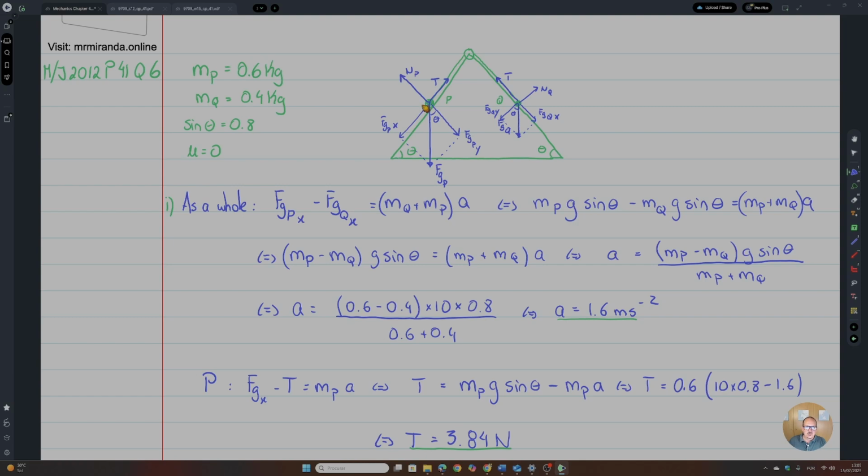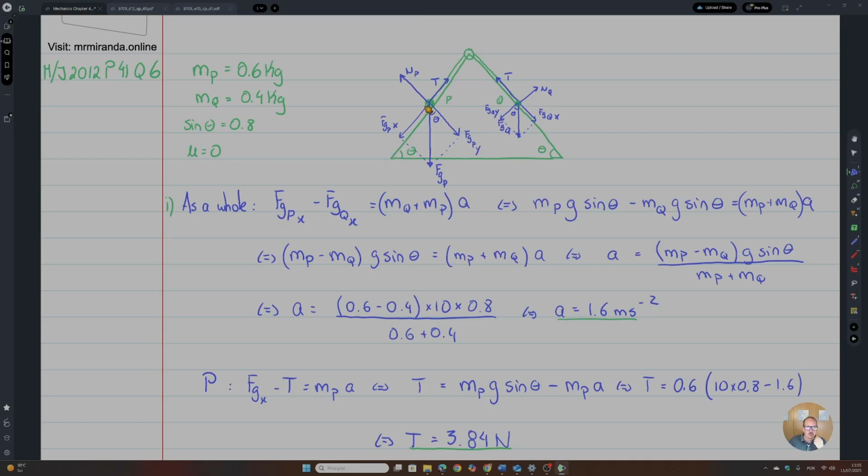Make sense? And Newton's second law applies to the resultant force. You don't need to worry about what's happening vertically because these two cancel out. So the resultant force in what regards the y component is 0. The only one that is at play over here is the x component of these forces.